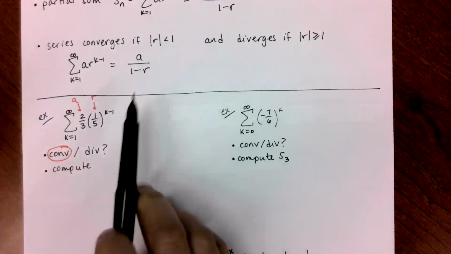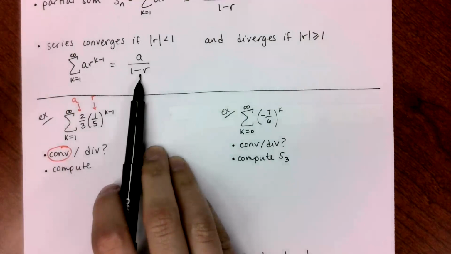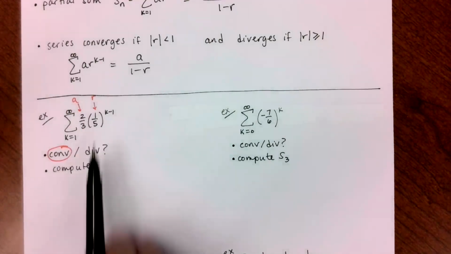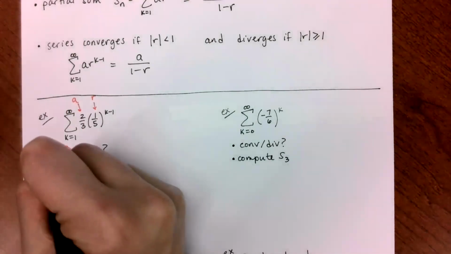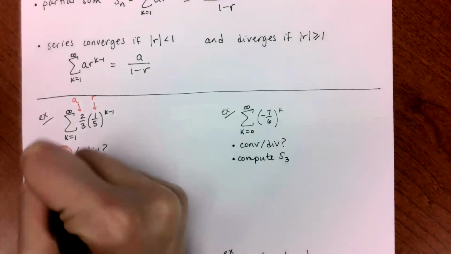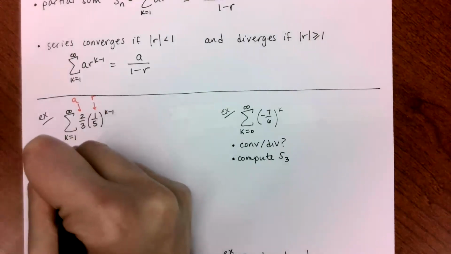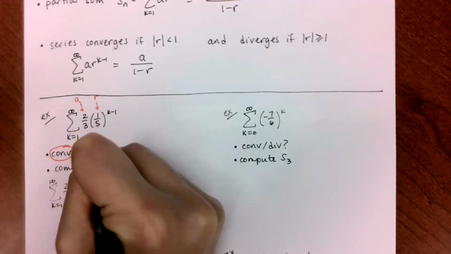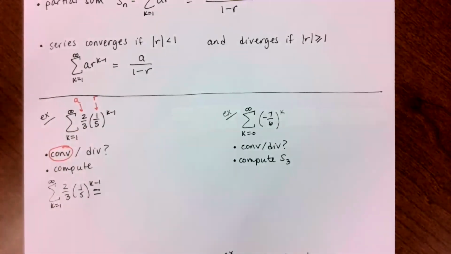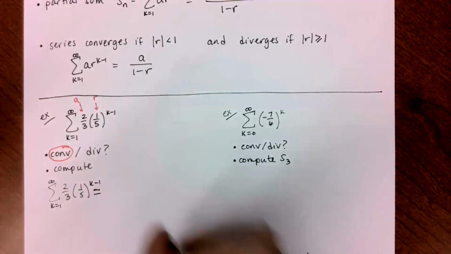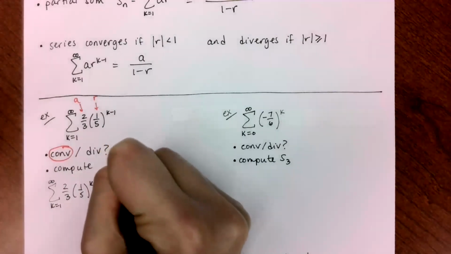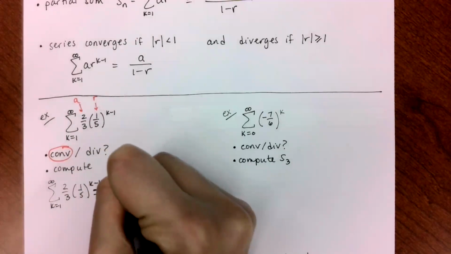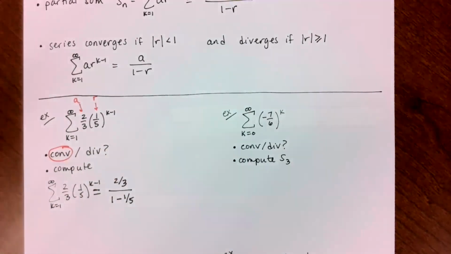So I'm going to use this a over 1 minus r formula with this a and this r. So the total sum, 1 to infinity of 2/3, 1/5 to the k minus 1, this one equals. So I'm going to have a, which is 2/3, divided by 1 minus the r value, which is 1/5.